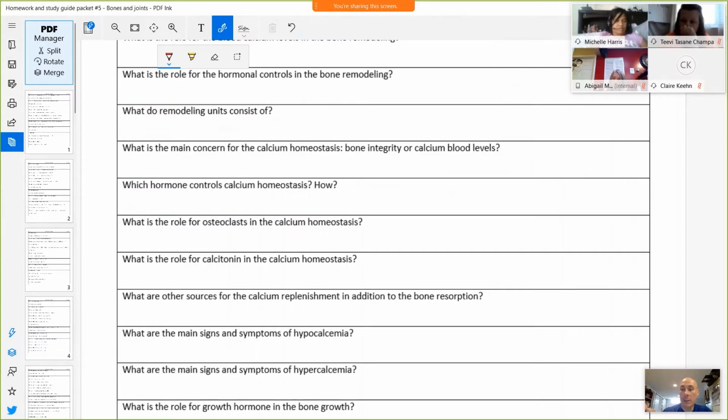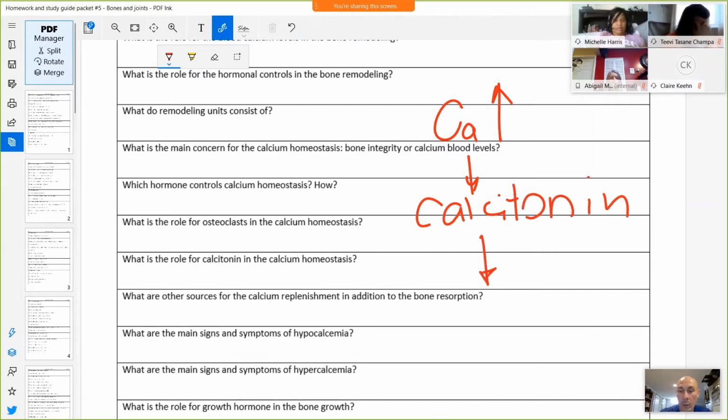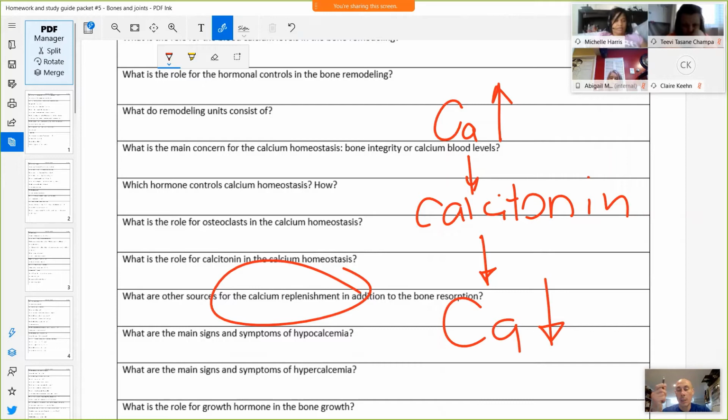If your blood calcium is high, that stimulates calcitonin production. That leads to the deposition of calcium in the bones, and calcium levels will go down. Other sources for calcium replenishment: your kidneys will start to excrete less, they will save calcium, and your intestine will start to absorb more.